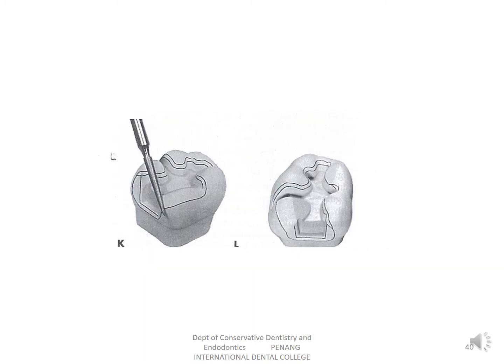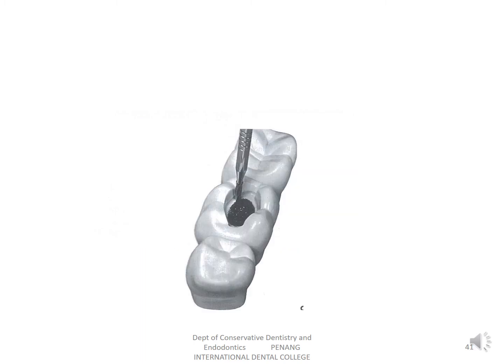The 8862 diamond is again run over the counter bevel, slowly blending with the proximal flares and the gingival bevel, and with the occlusal bevel on the opposite side, so that you get a continuous, smooth cavosurface margin on all the aspects.